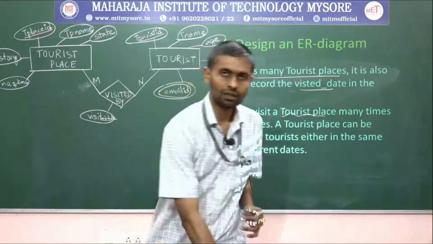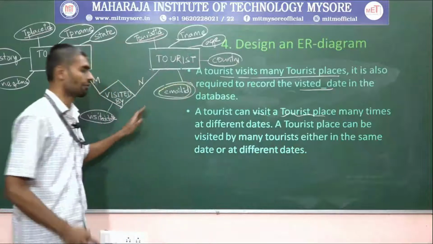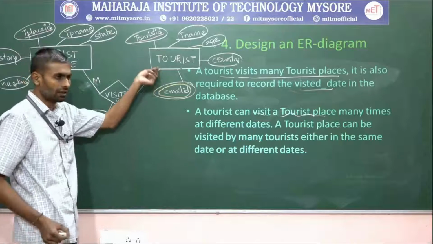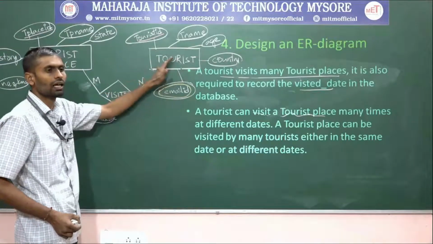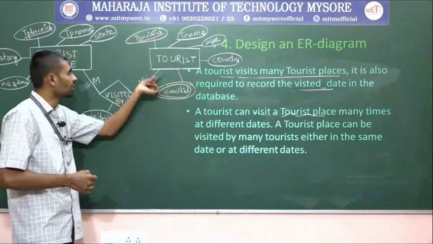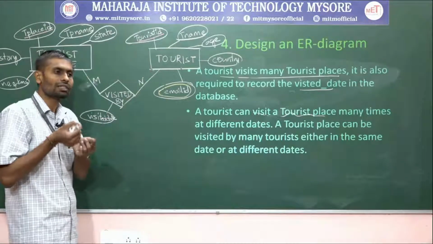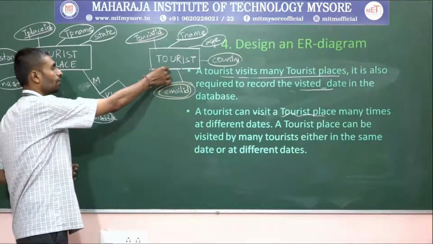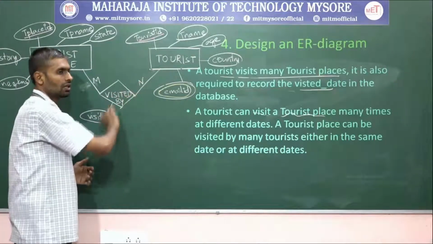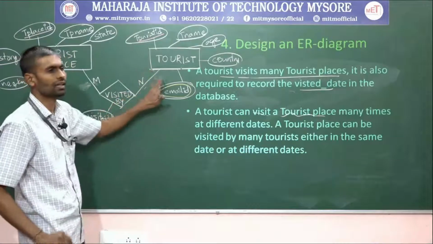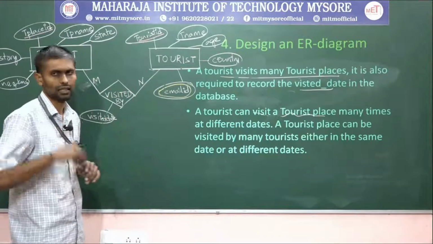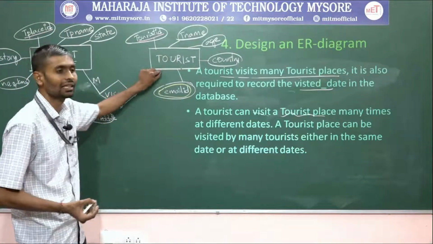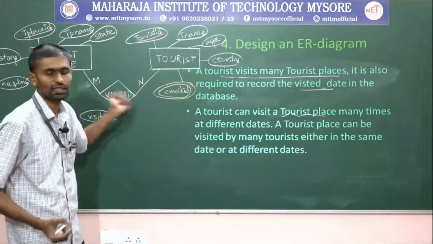And one more thing, suppose our assumption is like this, that if any tourist we recorded here visited at least one place, then during that time it becomes a total participation. Suppose there are a few tourists who have not visited even a single tourist place, during that time it becomes a partial participation, because that entity is not participating, right?